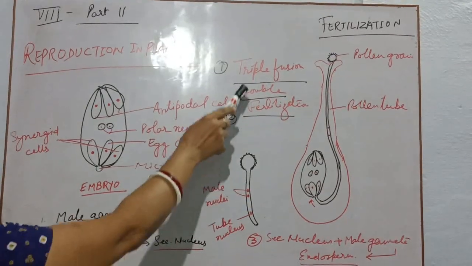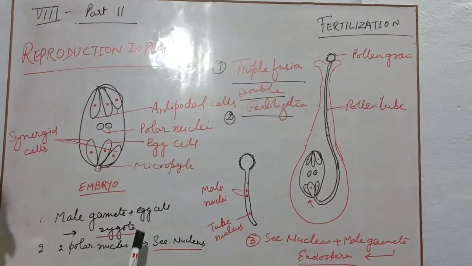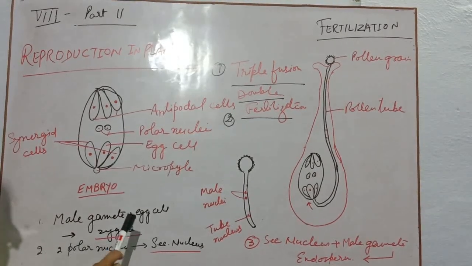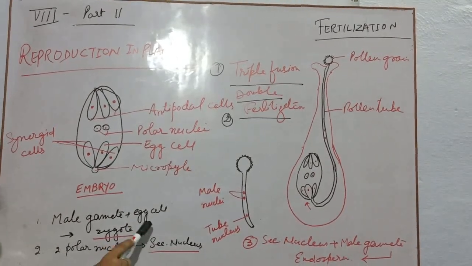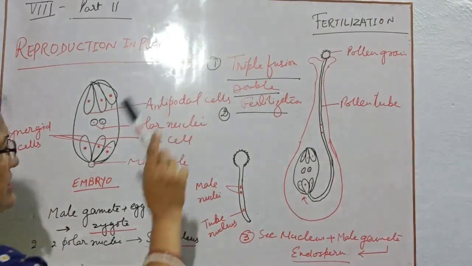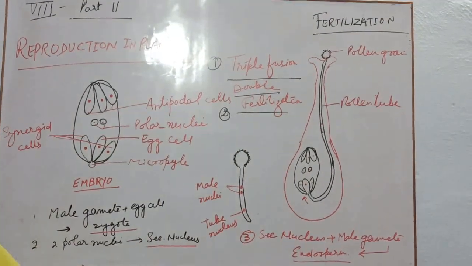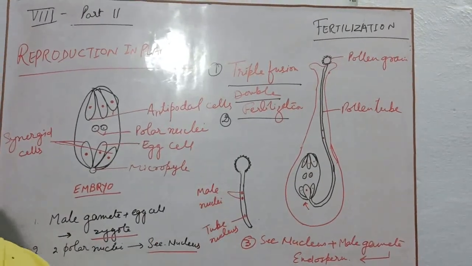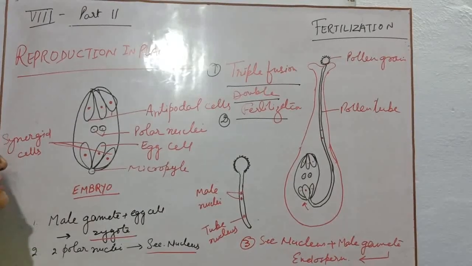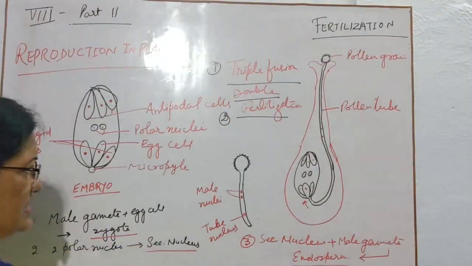So this is known as triple fusion, and two times the cells are fertilized by the male gametes. One is the egg cell, one is the secondary nucleus. So there will be double fertilization. In plant fertilization, you have to know these two terms very properly: triple fusion and double fertilization.